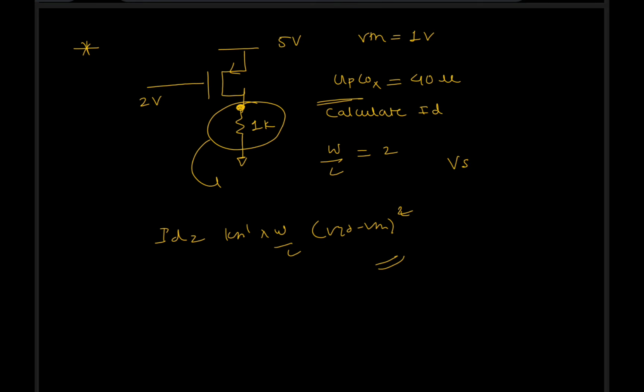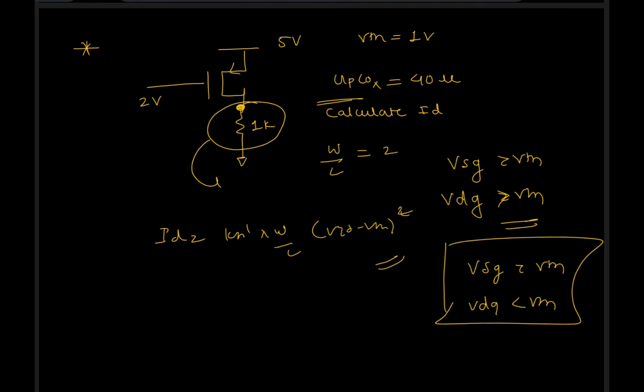So what is the condition in PMOS? There are many ways from which you can remember the region of operation. What I do is, I will cover it in some other video, but I will just tell you. I check if this condition is true, then it is in linear region, and if this is VTH, and if this is true, this is in saturation region.